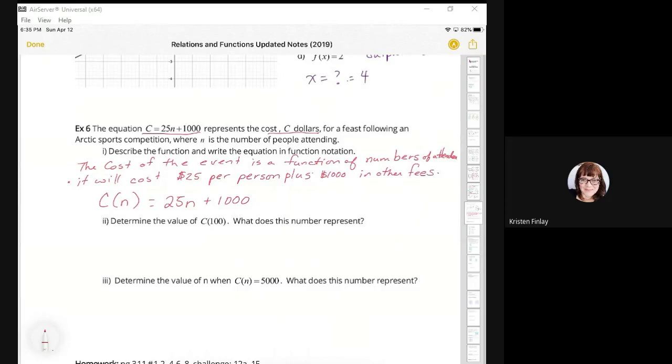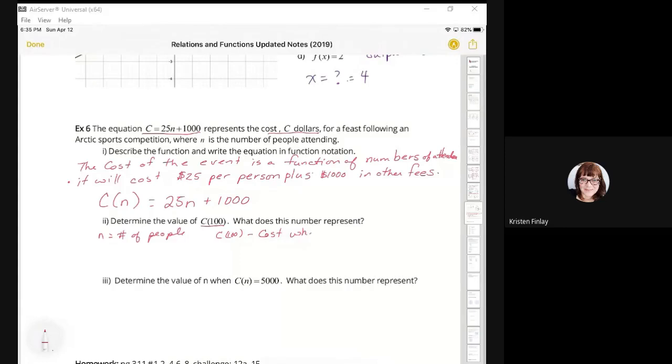It says determine the value of C of 100. Okay. And it says, what does this number represent? Well, if n is the number of people, then C of 100 is the cost when 100 people attend.